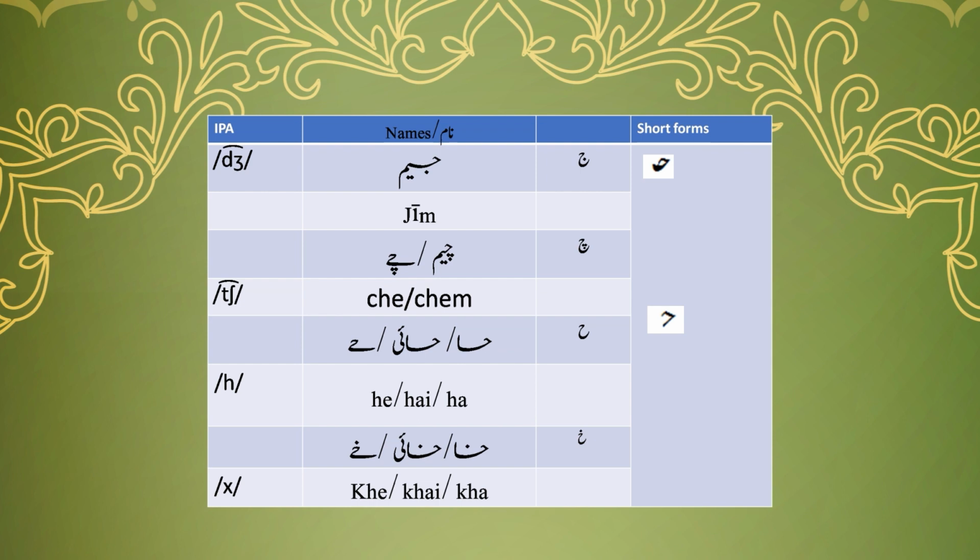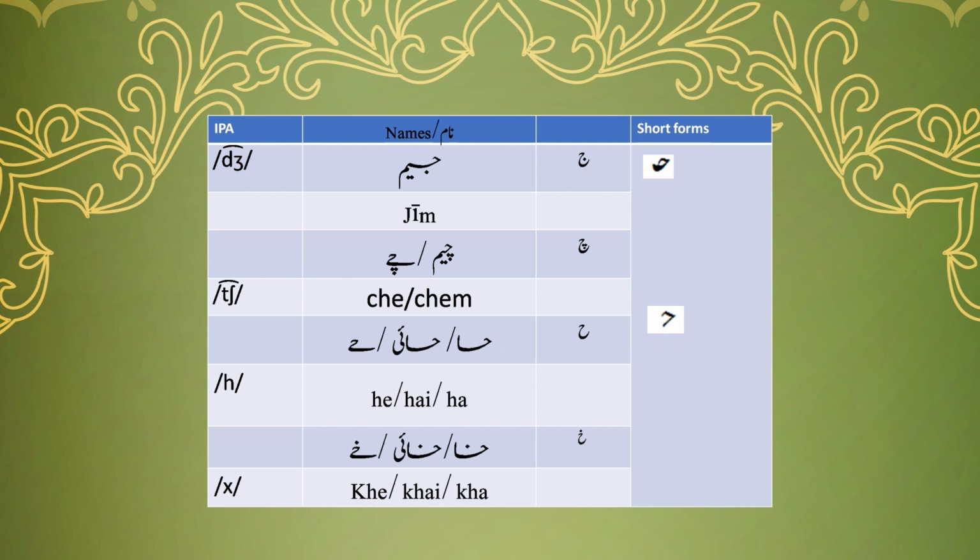Third alphabet is Hey, but some people call it also Hi, and Ha. The Arabic speakers or those who study in madrasas also pronounce it with alif, Ha. And in some areas it is named as Hai as well, but in Urdu we call it Hey.